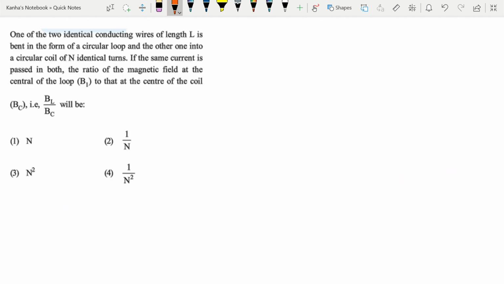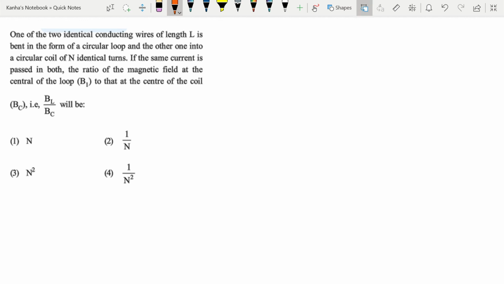Next, you're given that one of the two identical conducting wires of length L is bent in the form of a circular loop and the other in the form of a circular coil of n identical turns. If the same current is passed in both, the ratio of the magnetic field at the center of the loop B_L to that at the center of the coil B_C is given by what? Okay, so let's make the different things.